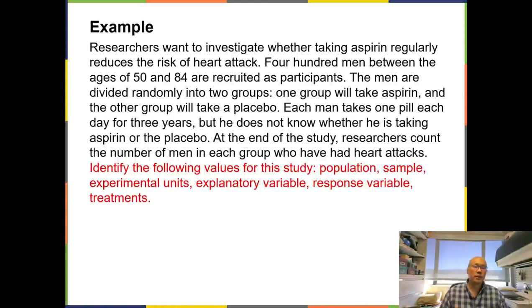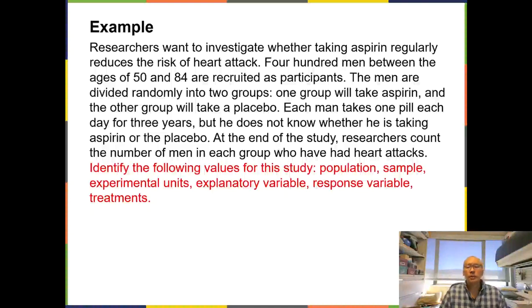We're looking at 400 men in our study, so that's the sample. These men are between 50 and 84 years old, so the population would be all men between ages 50 and 84. The sample would be those particular 400 people. The experimental unit would be each man in the study.